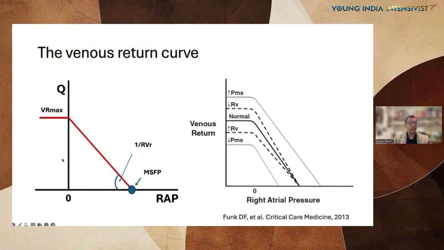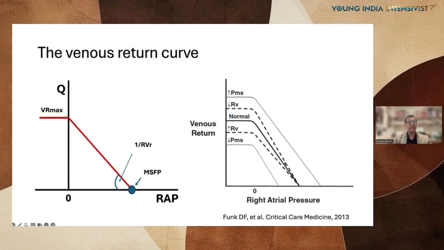Now, the slope of this line, so if slope is dy by dx, it's change in flow by change in pressure. That is the inverse of the resistance, because the resistance is change in pressure by change in flow. So the slope of this line is 1 divided by the venous resistance.